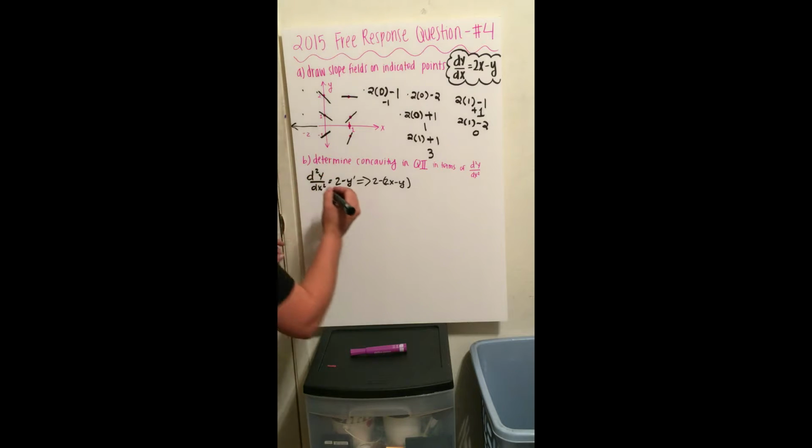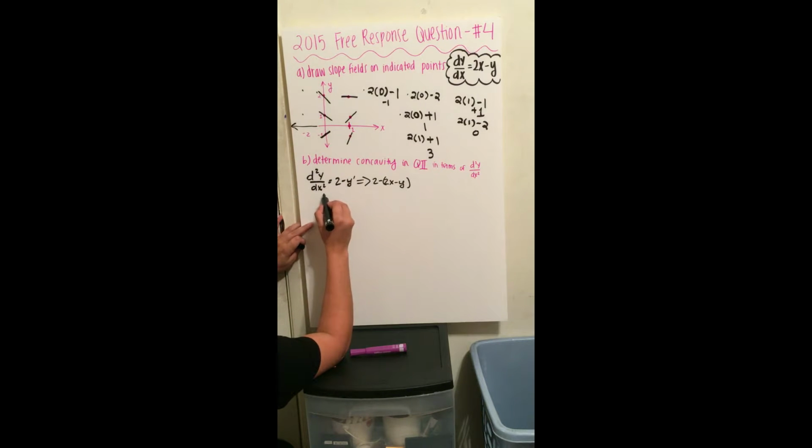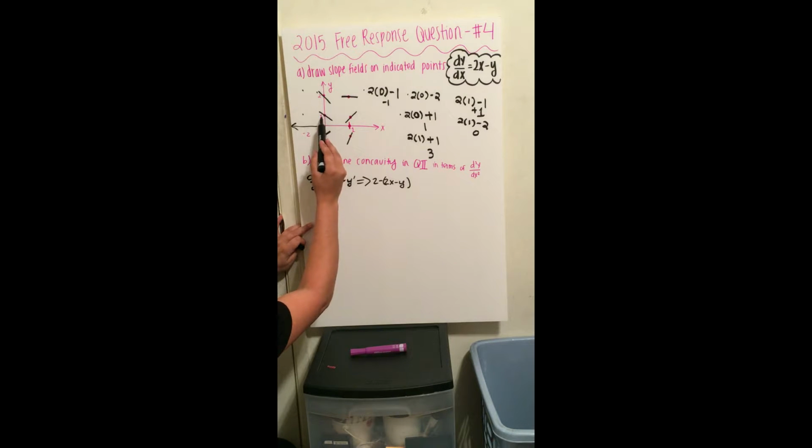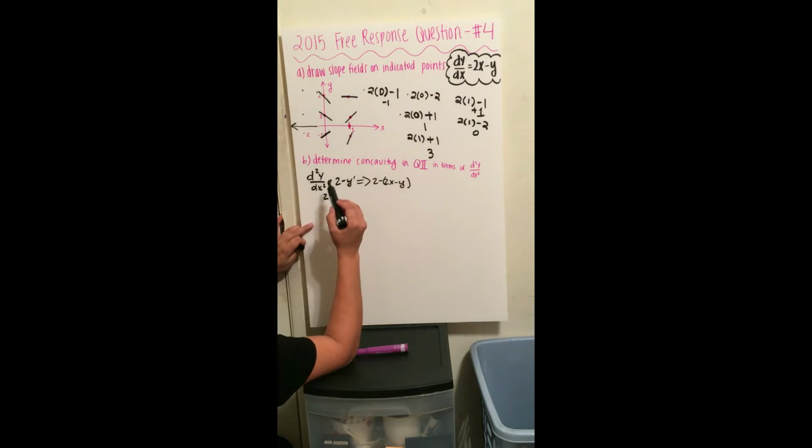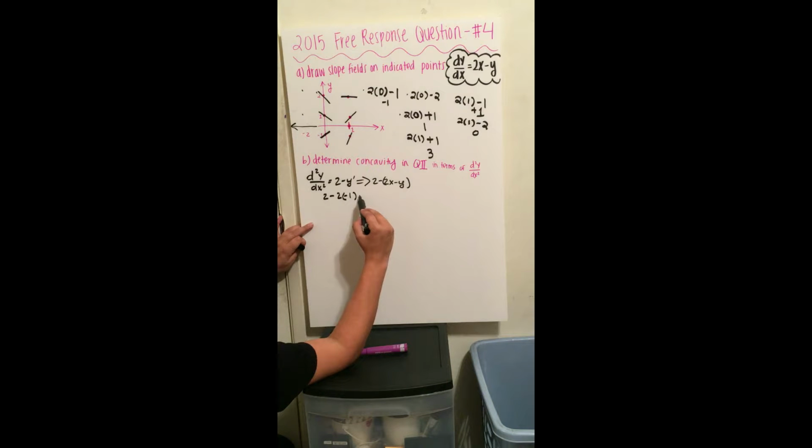So let's start off with this point: 2 minus (2 times -1 minus y at that point, which is -1).